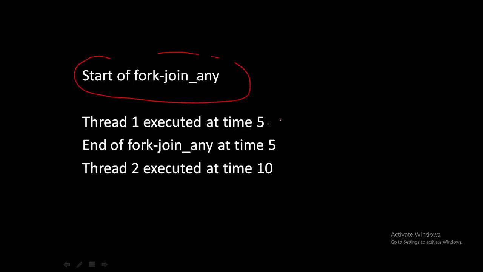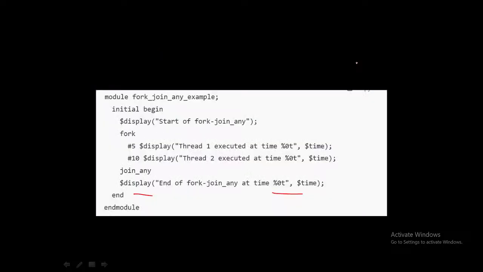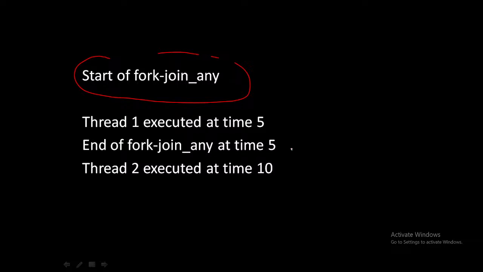Now the first thread will complete its execution at time t equal to 5. If you observe the delay, what is written is 5 time units. So at time t equal to 5, the first thread will be displayed and it will complete its execution.